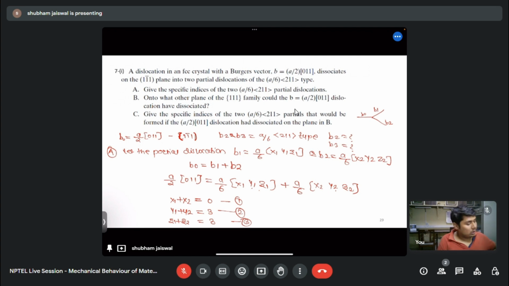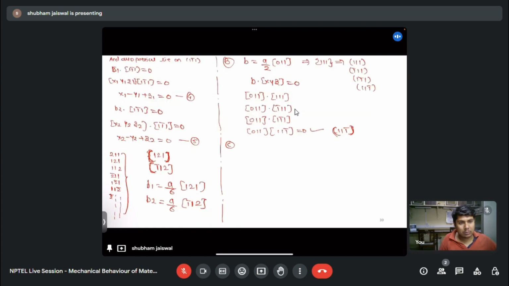Here we'll have some equations something like this: x1 + y1 - z1 = 0 and x2 + y2 - z2 = 0. Please try to solve it and tell me the answer.